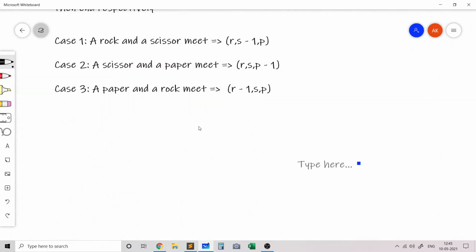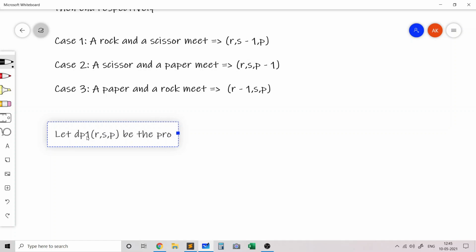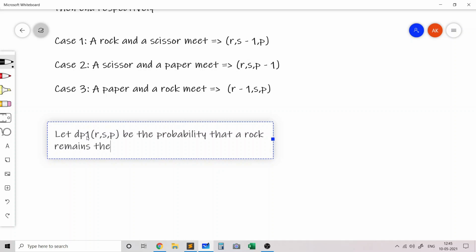So based on this, let's define 3 DP states. Let DP1 of R, S, P be the probability that a rock remains the survivor in the end.